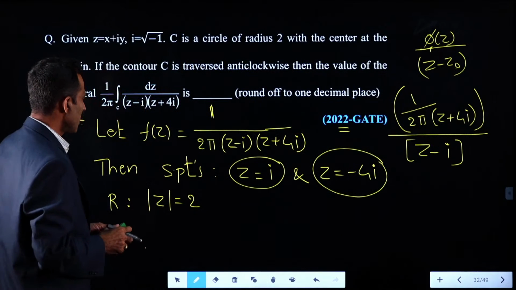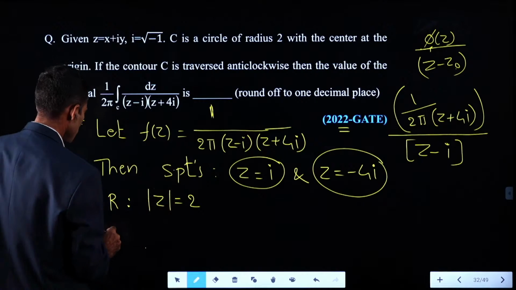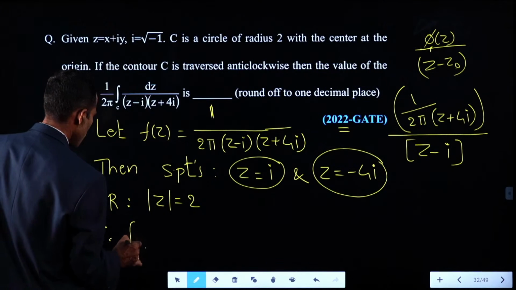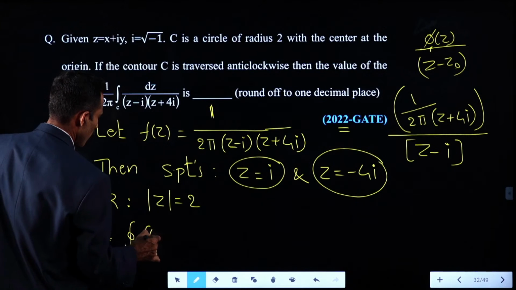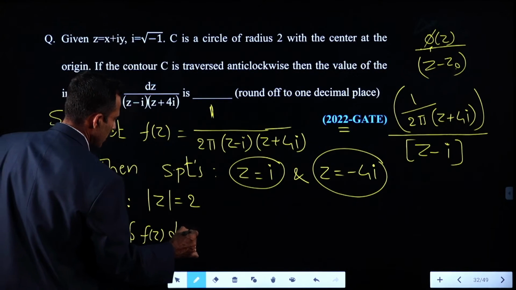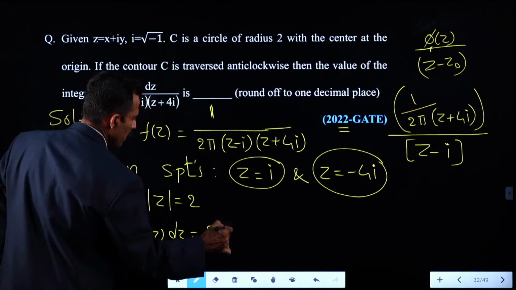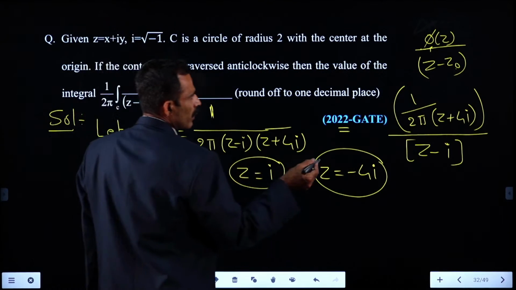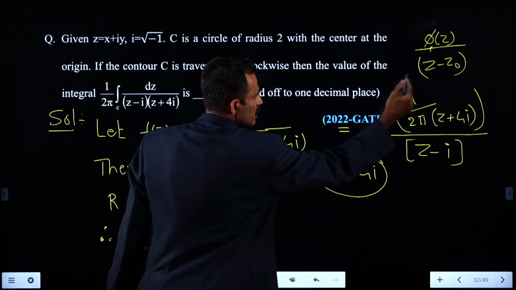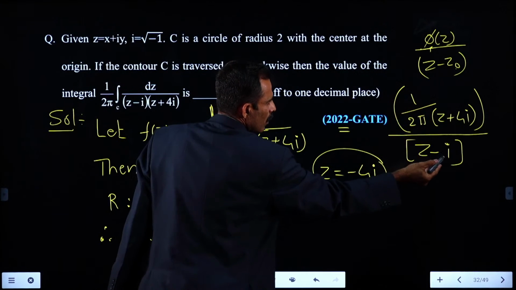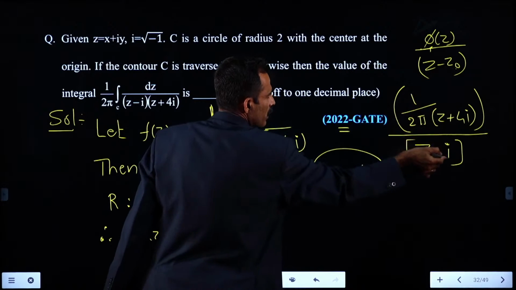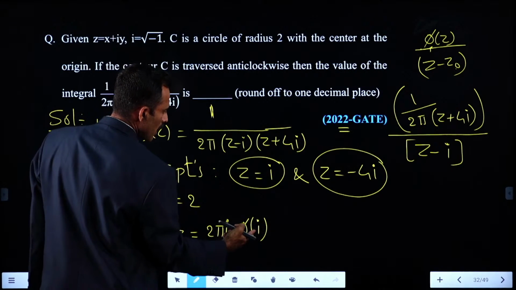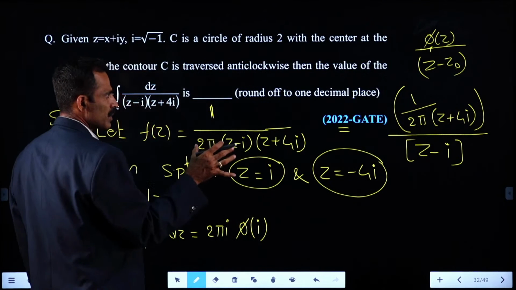Now by Cauchy's integral formula, we can write the value. Therefore, the integral over C of f of z dz equals 2 pi i into phi of z0. What is z0 here? It is i. Substitute i in place of z in the function phi of z.